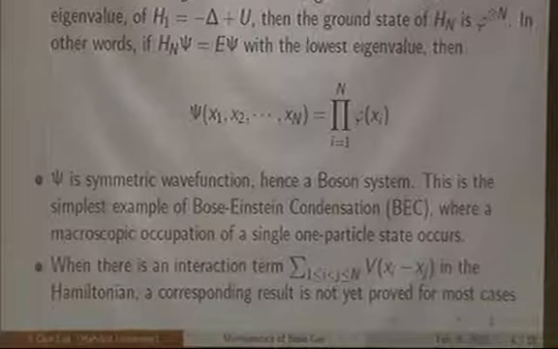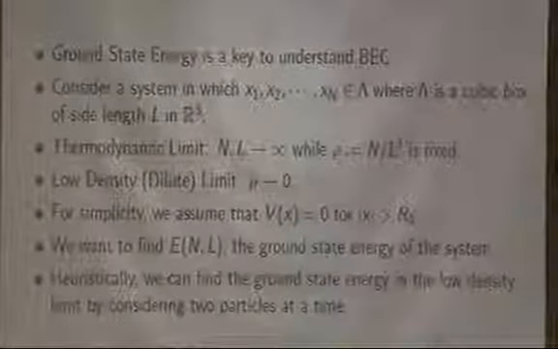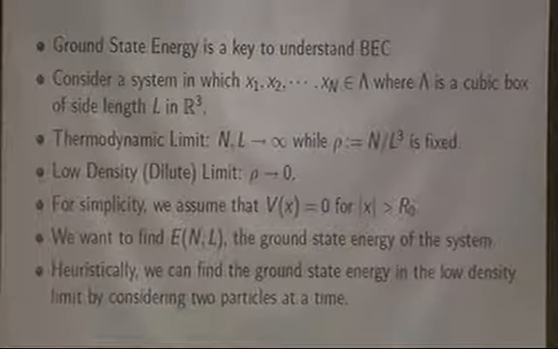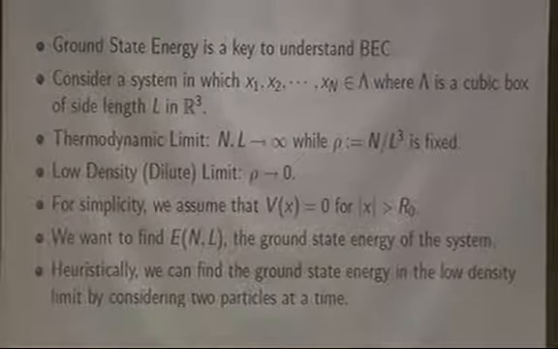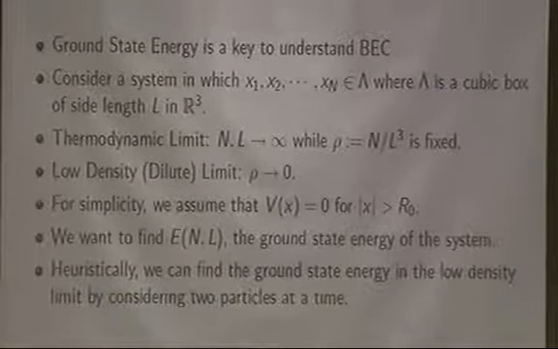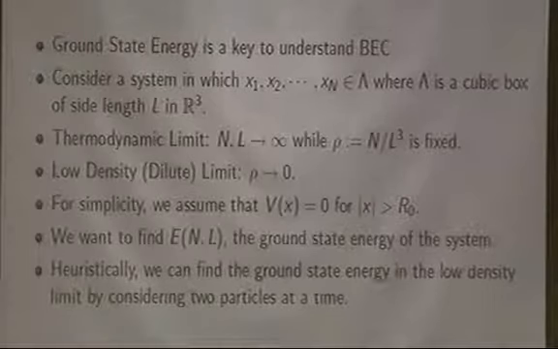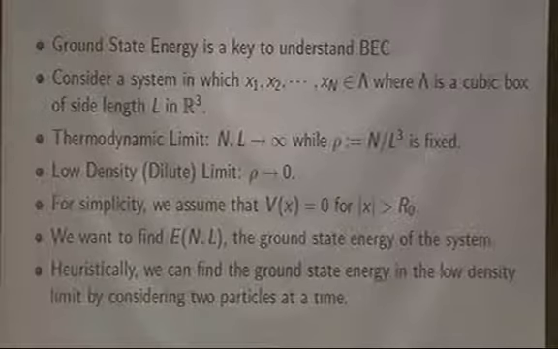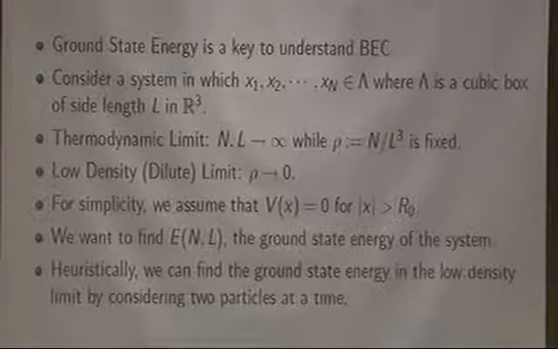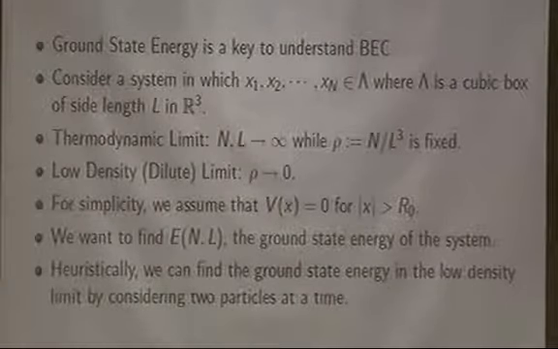And we want to study the ground state energy to understand BEC, Bose-Einstein condensation. Well, I'm not going to explain why they are closely related, but in the very few known cases of proofs of Bose-Einstein condensation in mathematical physics, they always need to use the property or the exact value or the methods of finding the ground state energy.